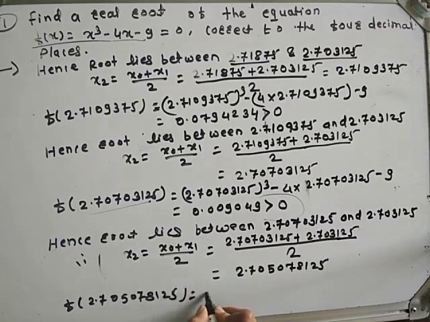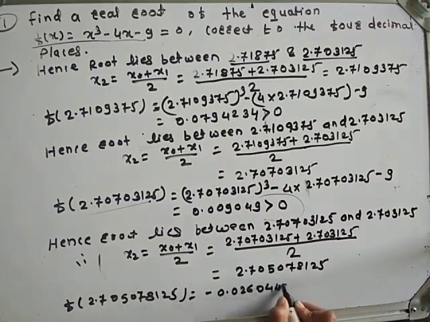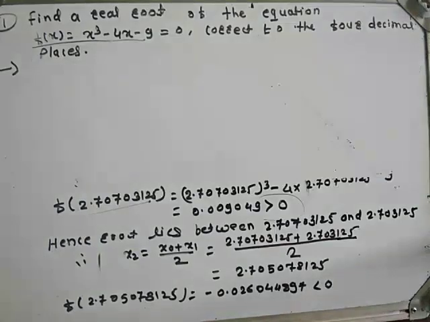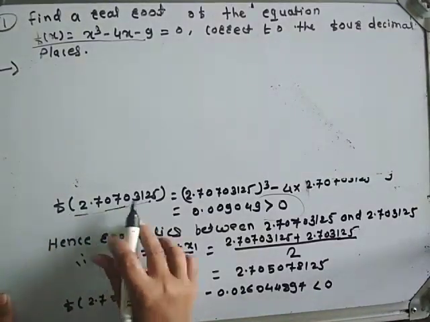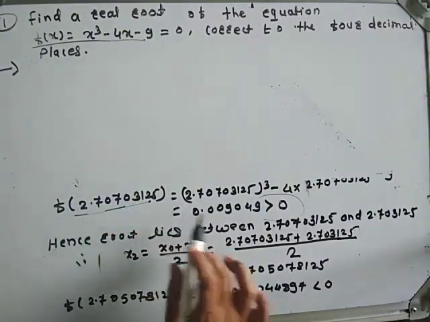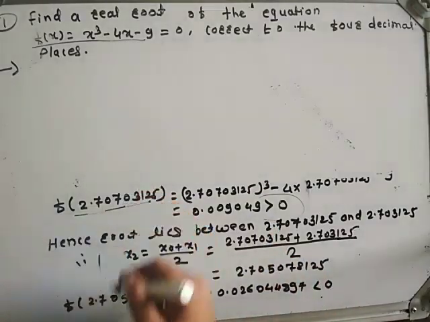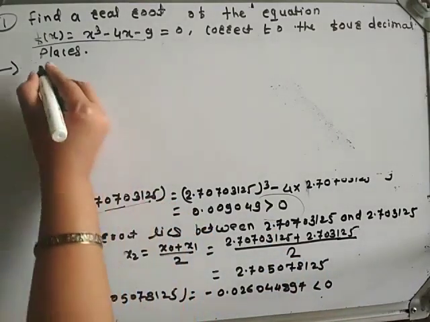2.705078125, which is equal to minus 0.0260448, which is less than 0. See here, f of 2.70703125 is positive and f of 2.705078125 is negative. Therefore, the root lies between these two numbers.